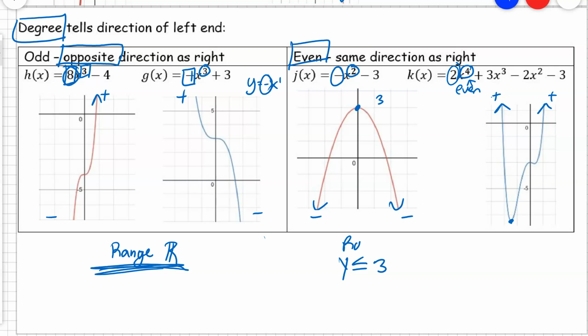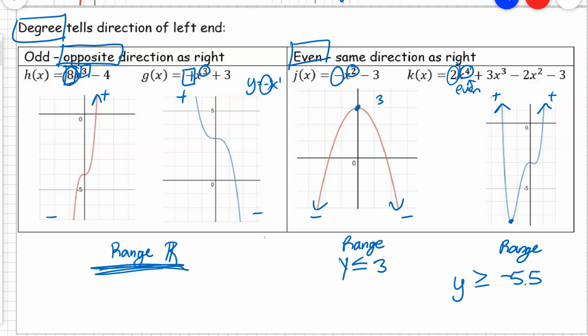And the range on this other one is going to be about negative 5.5, so the y values, everything above, y is greater than or equal to negative 5.5, or about that, because I'm not entirely sure what that decimal is.